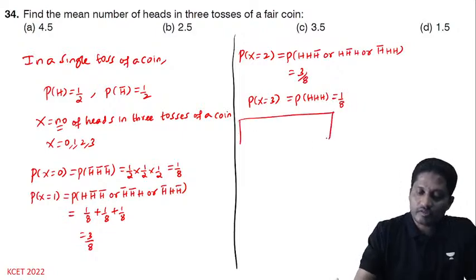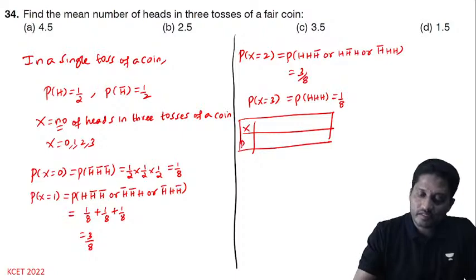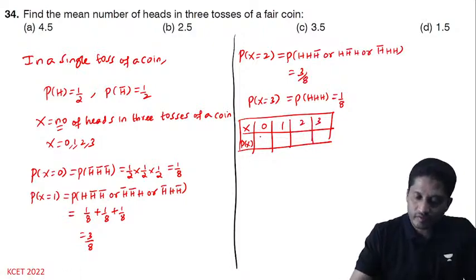Now I'll draw the distribution table. This is X and this is P of X. 0, 1, 2 and 3. Probability of 0 will be equal to 1 by 8. This is 3 by 8, this is 3 by 8 and 1 by 8.